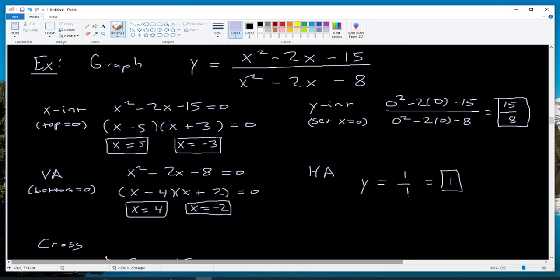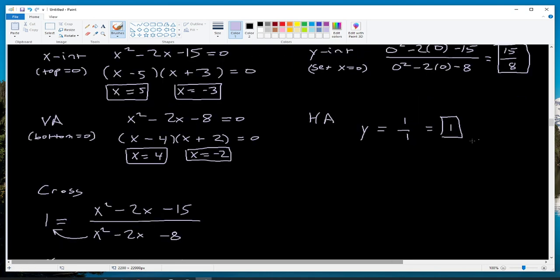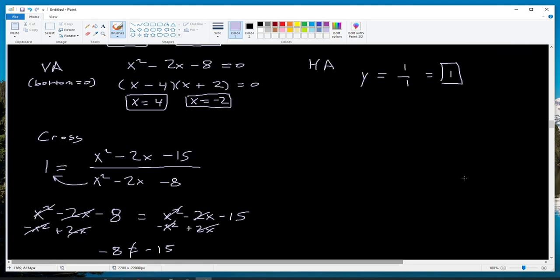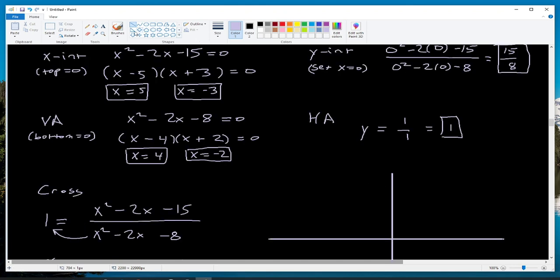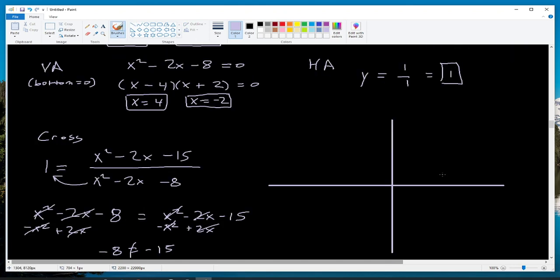So let's put all our information on our graph and see what happens. Let me use the line tool again. So we have something like this. The x-intercepts are at 5 and at negative 3. So out here at 5 we have one x-intercept, and back here at negative 3 we have our other x-intercept.